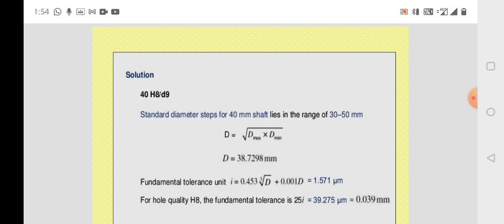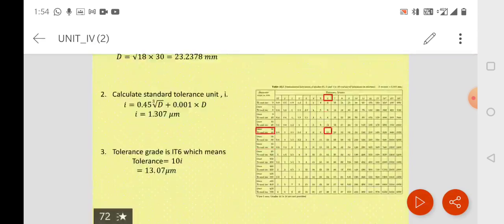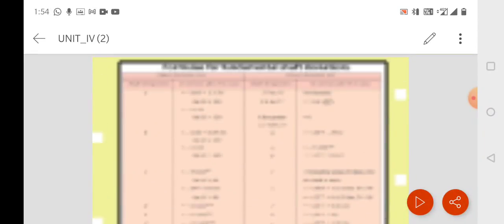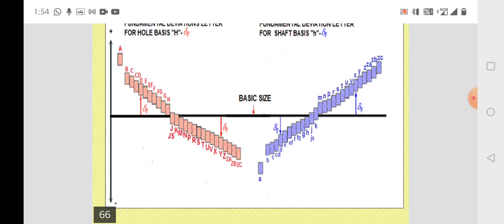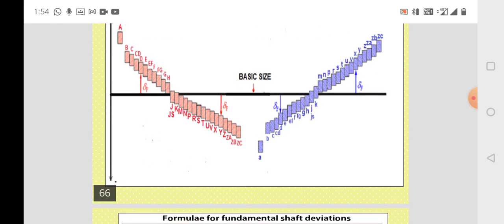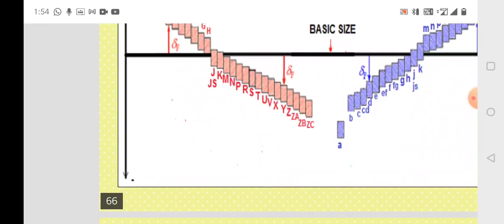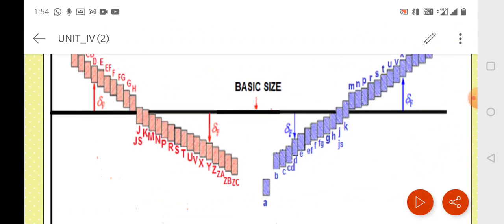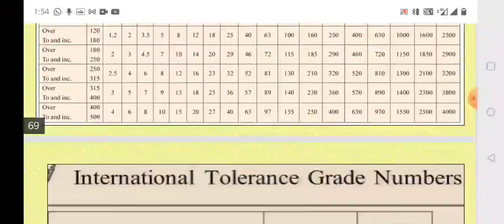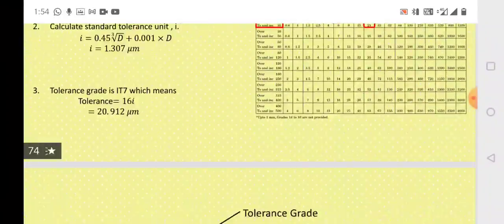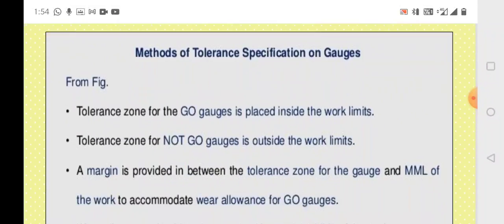So here the hole is basic, the shaft is D type, so it is undersized shaft as per this diagram. As I have already told you, in this diagram we can see the small d is below the basic size here, so it is undersized shaft, and the hole is H, that is the basic hole. So this assembly is given in the problem, 40H8D9.